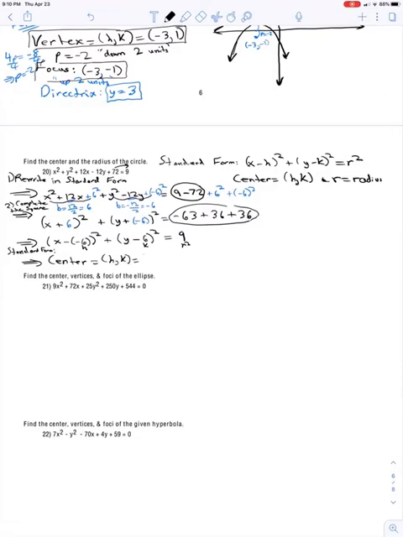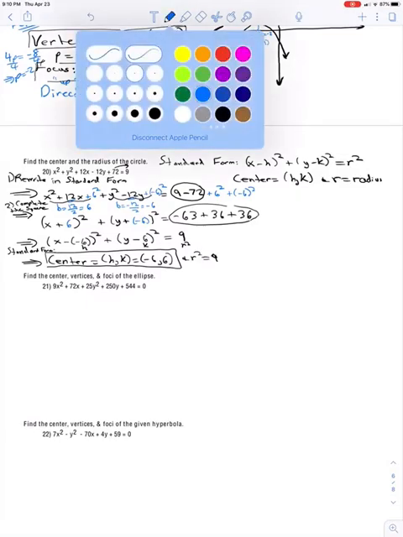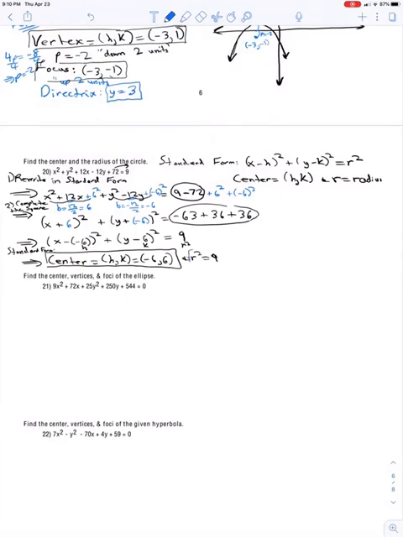We get a negative 6 and a 6. So we're centered at negative 6, 6. And our radius, right? We know the right-hand side is r squared. So if r squared equals 9, we know our radius is 3. So we take the square root.